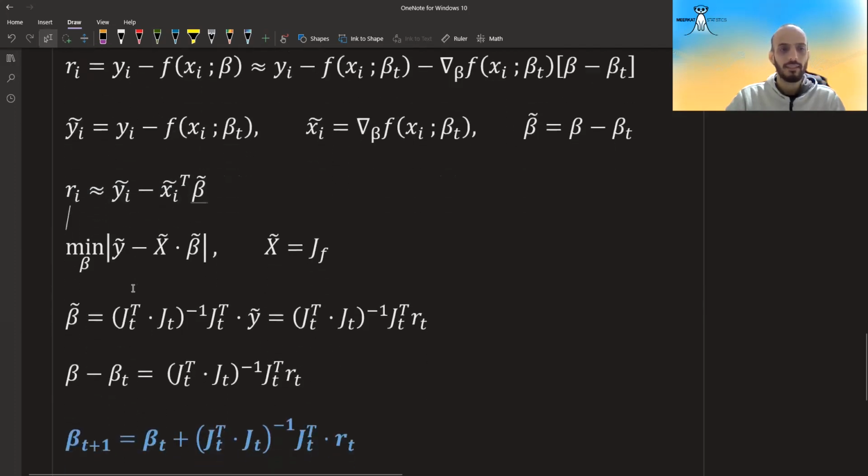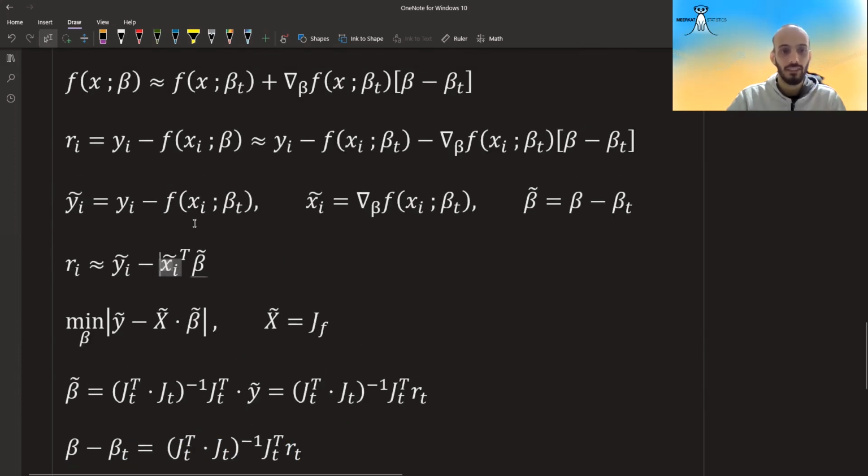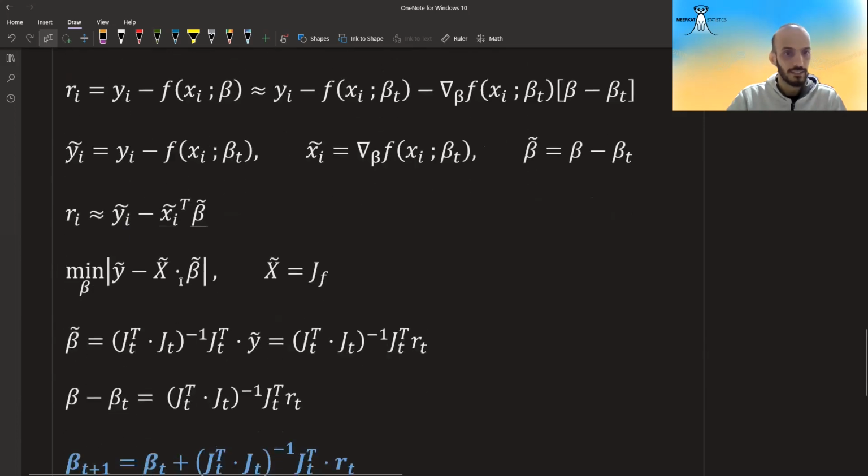But this time it's ordinary least squares, because with regards to this representation, our new betas are linear. And this is because, again, we approximated the function with a linear function.